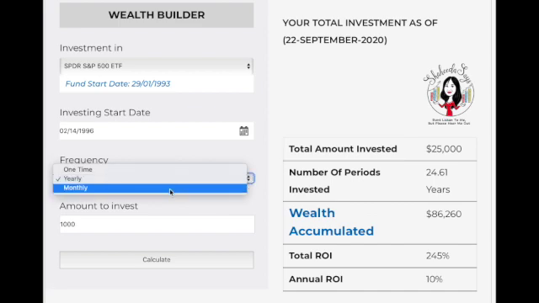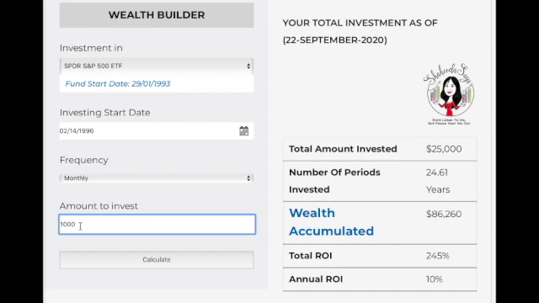Let's see what happens. Let's say your parents are super young and they could only put in, I don't know, let's say $200, and they decided to do it every month. In this case, they would have put away $59,200, and you would have nearly $200,000 by today, and the annual average return is about 9.6%.